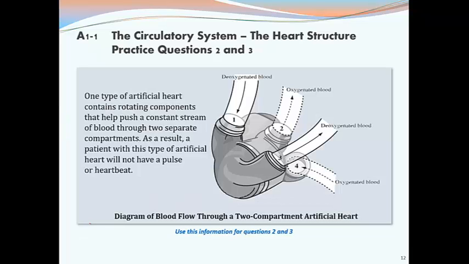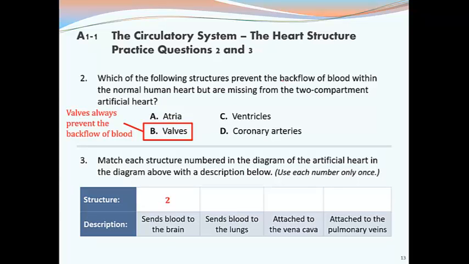We can see that here it is, oxygenated blood leaving that heart. That's what we want to have coming to our brain. Next, which one sends blood to the lung? That would be component number 3. That would be sending deoxygenated blood to the lungs to become oxygenated.